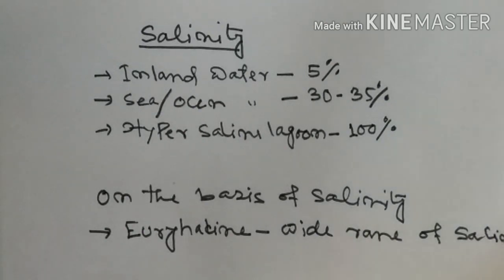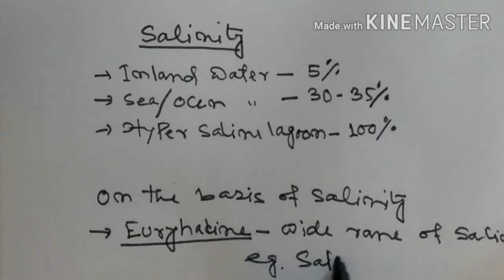This type of animal being or organism is known as euryhaline organism. For example, salmon fish. This one is euryhaline. This can survive in a wide range of salinity.